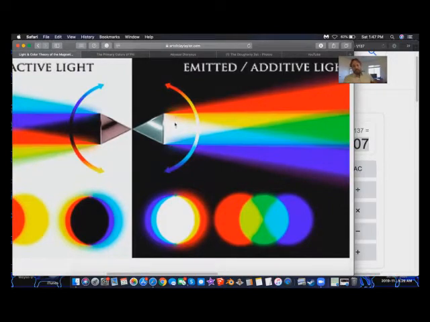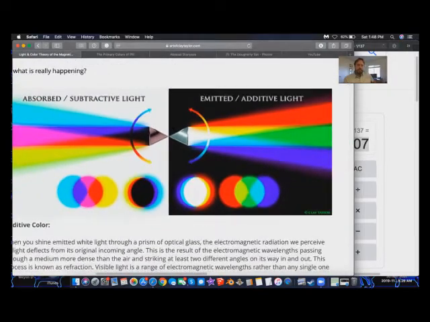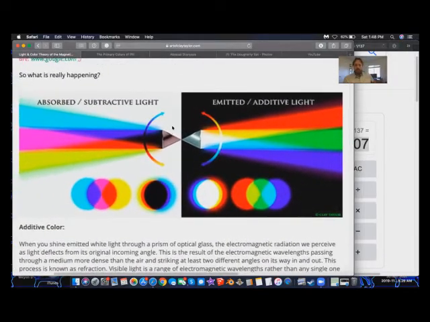So this image right here that I've created is a visual breakdown of what I think people should be looking for. What we have are distinct bands of light coming out of this. We've got a red beam, a blue beam, and a green beam.